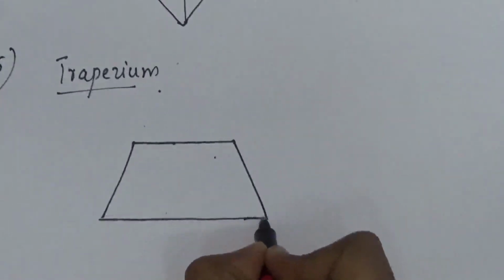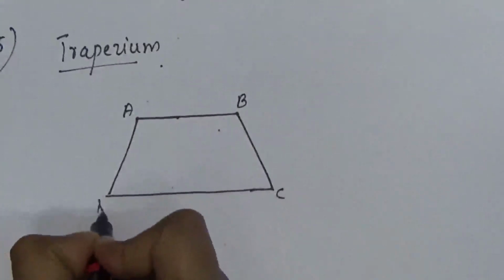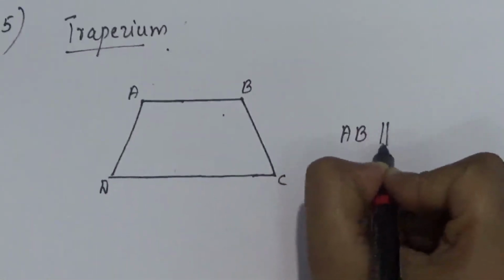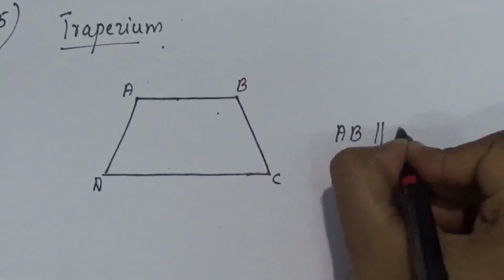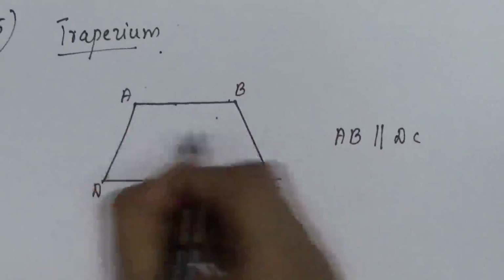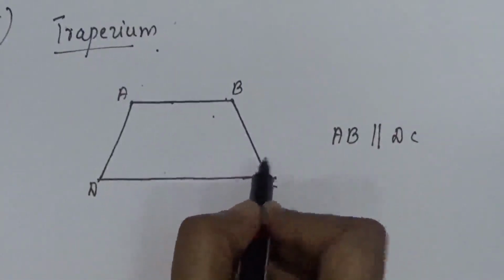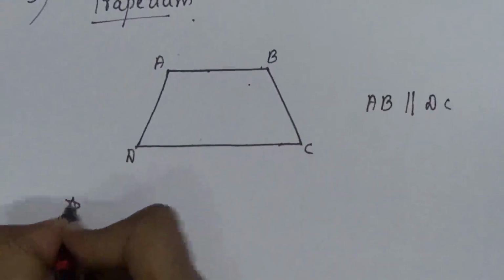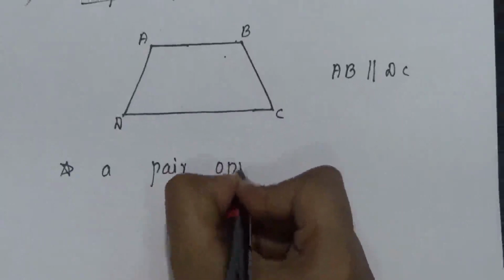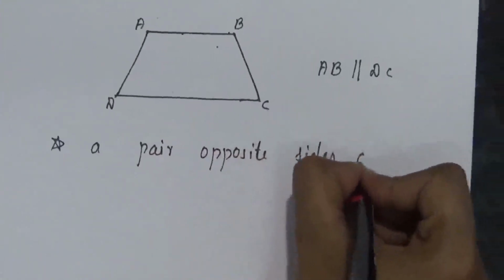You can see that AB is parallel to DC, these two are parallel, and the other two sides, that is AD and BC, are not parallel.